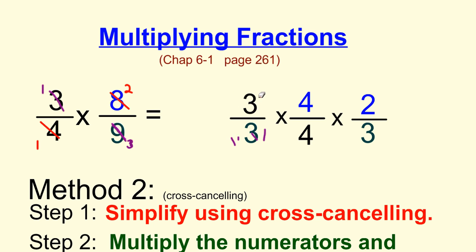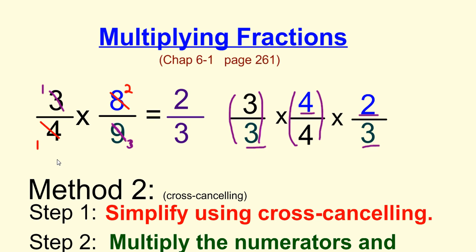Basically, what we've done, if you look at this example over here, is we broke the 9 down into 3 times 3, and we broke our 8 down into 4 times 2. And then we paired up the common factors between the numerator and the denominator, and that leaves us with our answer. Once again, 2/3.